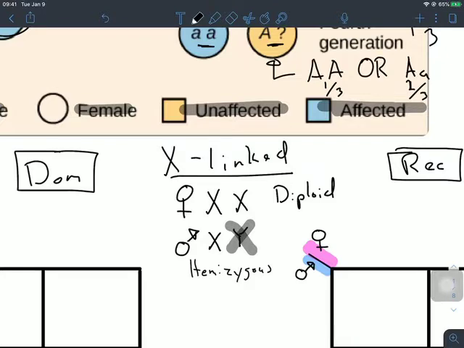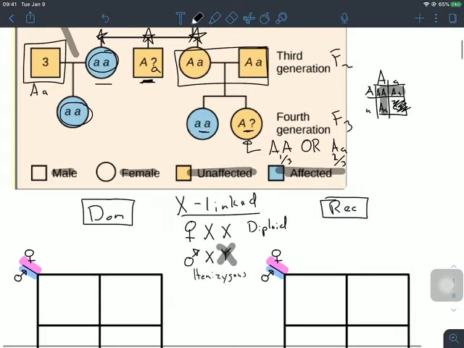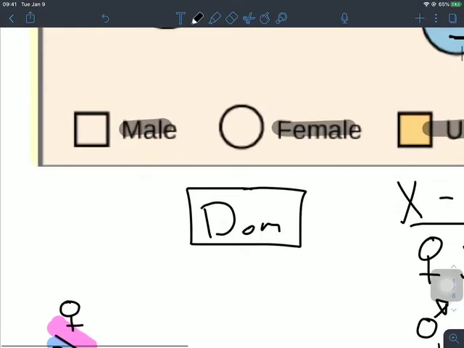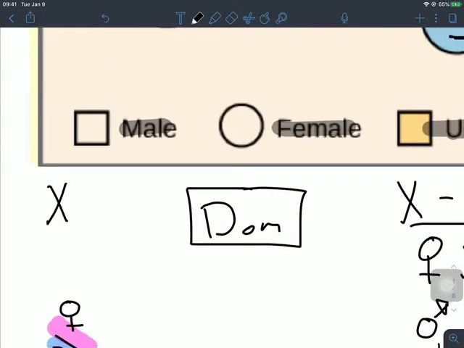So in X-linked traits, you're looking at how individual genotypes manifest differently in males and females. For example, in a trait that is dominant and X-linked, a female needs to have it only once in order for it to be showing.